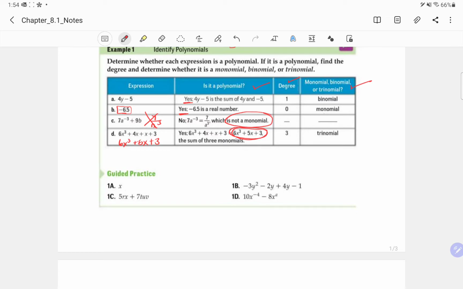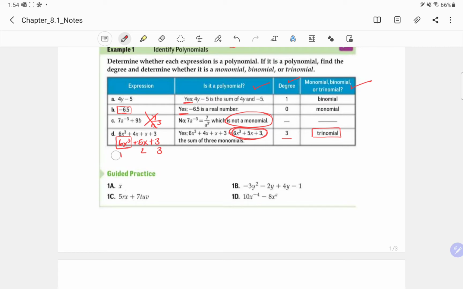Okay, so I had to write this in simplest form first. That's what I did here. The largest degree monomial inside this polynomial is 3, so it got a degree of 3 on it. And then it's a trinomial because it has 1, 2, 3 monomials within it.